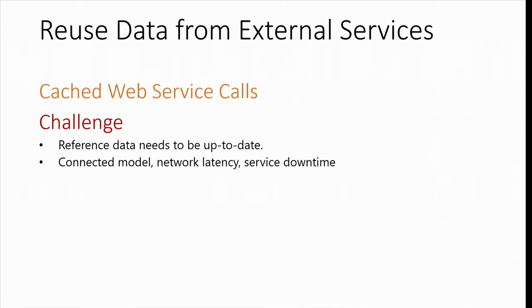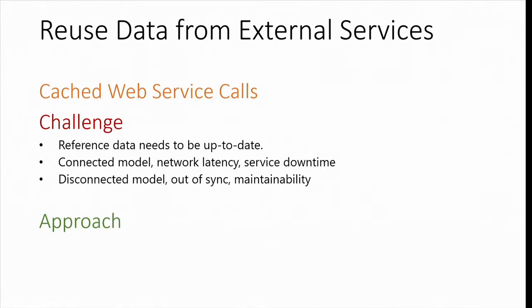So the data is always up to date, that's good. But we may encounter network latency, service downtime, all these sorts of things. The other choice is, let's just make a copy of our data back into a table in NAV. And at the moment we do this, the data is already old. It's out of sync. We have to maintain it somehow, and that is expensive.